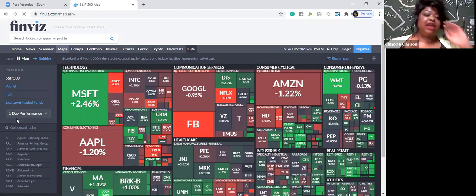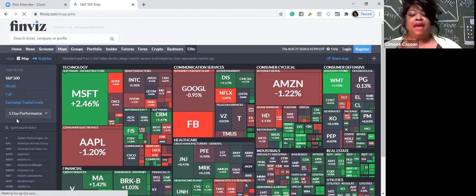Let me tell you what I like about heat maps. Heat maps actually take the different sectors that are out there, and then tell you if it's positive or negative, if it's been going up or going down. The more intense the color is, the greater the percentage of it going up or down.